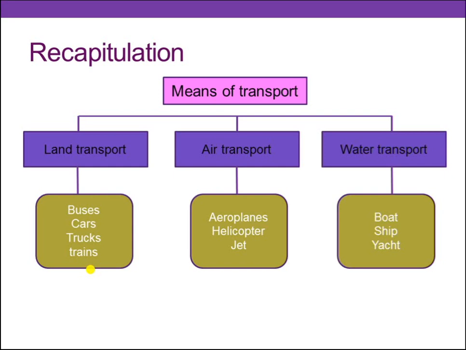So what is the importance? The transportation is making the traveling more easy and comfortable, and it helps us stay in touch with our relatives, and it helps us to travel throughout the world. Is it clear, children? Yes.